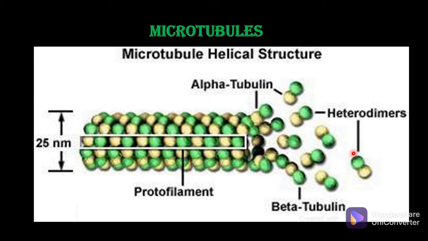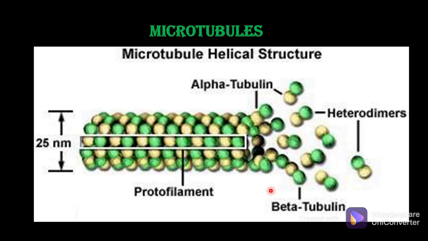So here you can see this is a dimer made up of alpha as well as beta tubulin. This green color is the beta tubulin and this light yellow or pale color is the alpha tubulin. So this is a pair, or this is a dimer. This dimer is going to build up the microtubule filament.